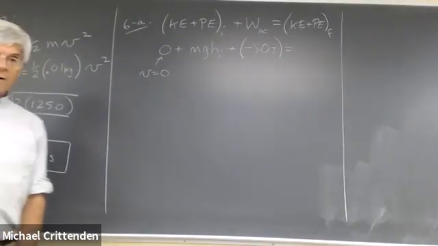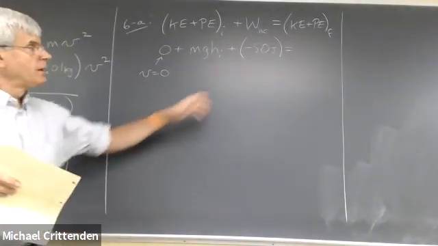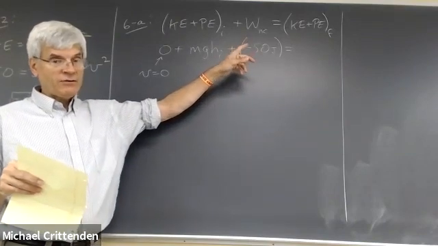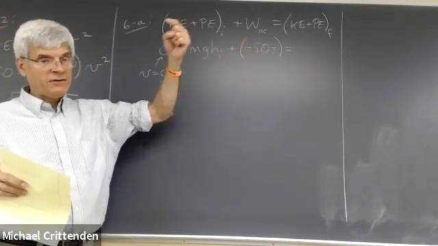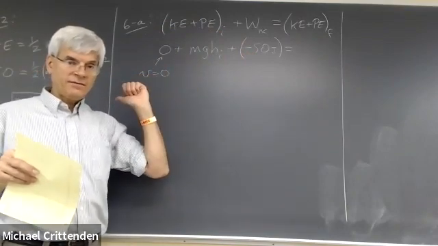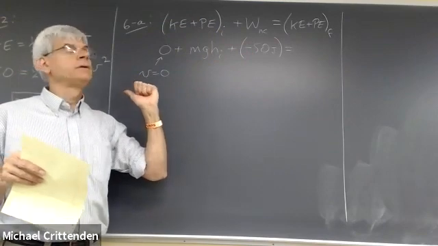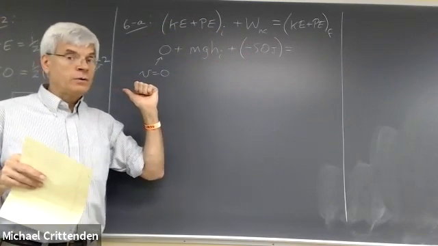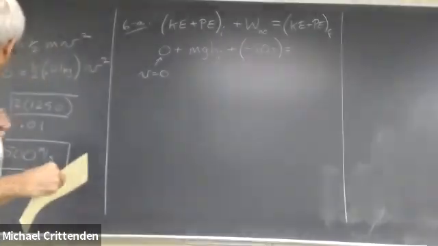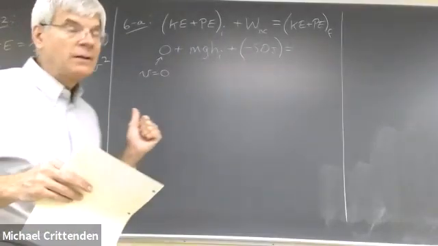The work would be the work done by friction. Don't forget the minus sign. Remember how I was saying earlier that work is positive when energy is added, work is negative when energy is removed? Well, friction always removes energy. Friction always opposes motion.